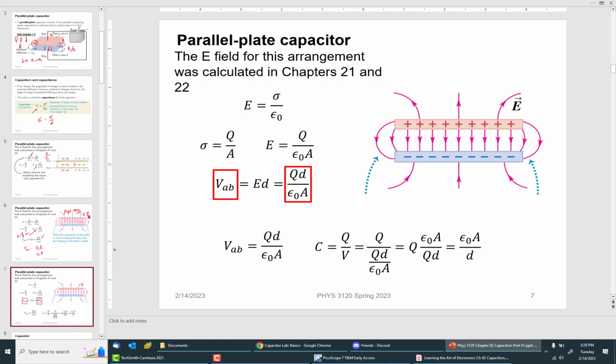I picked those two out, and I can then say I now have two definitions for capacitance. One deals with quantities I could measure with a voltmeter or an electrometer, and one has to do with the physical characteristics. And the two of them are intertwined. It falls out because of the geometry, parallel plate.